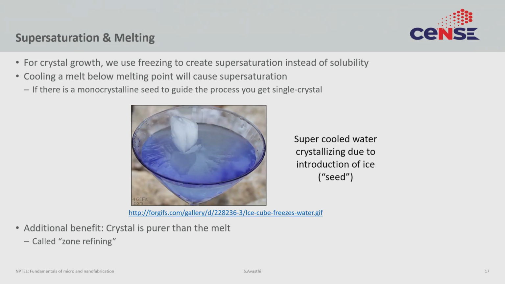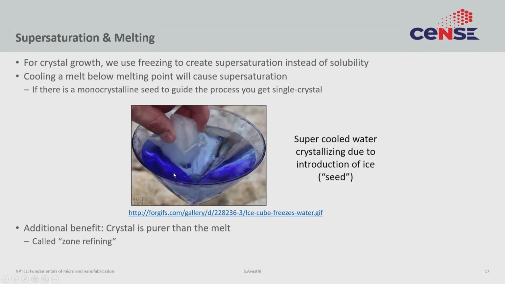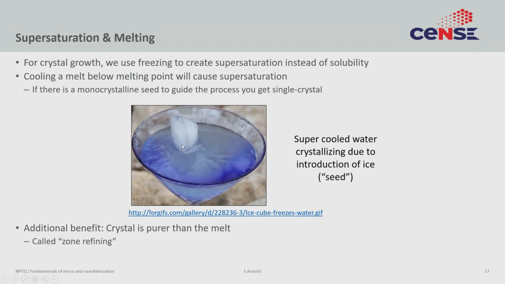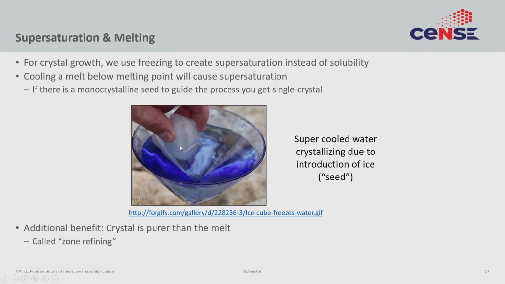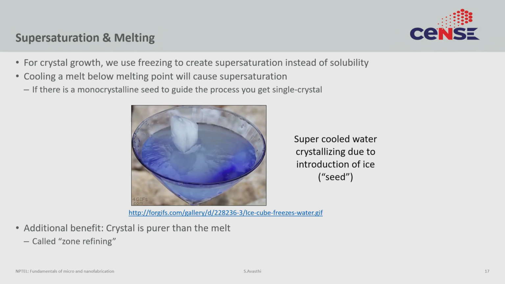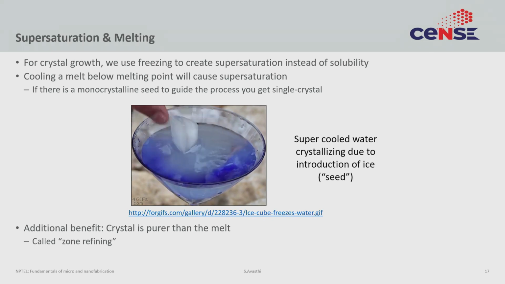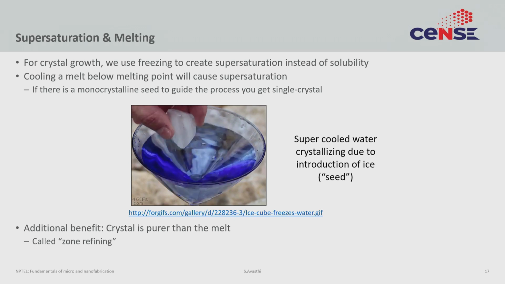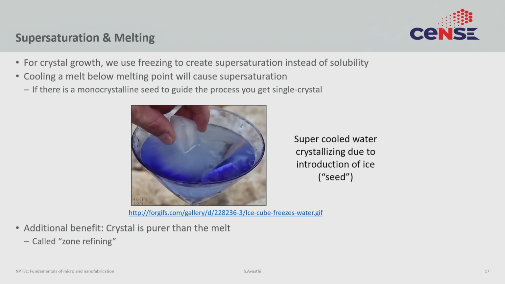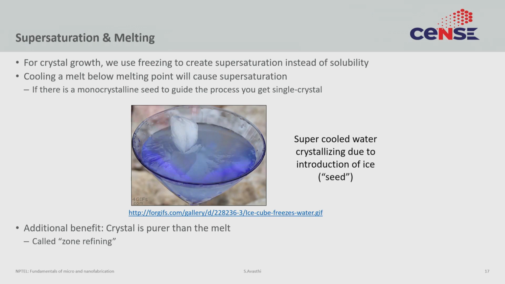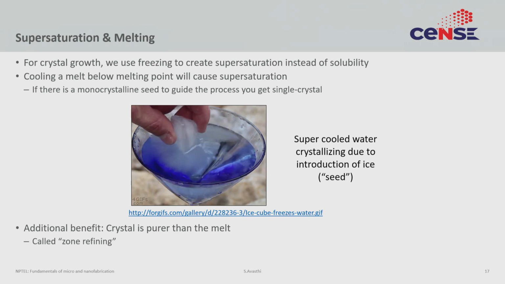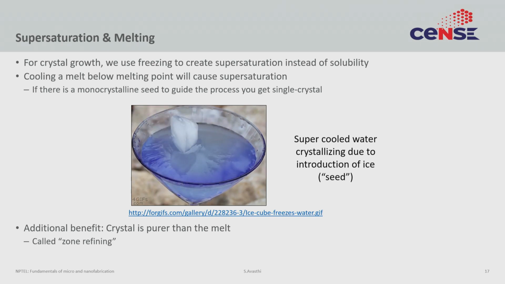So, here is an example, a GIF where water has been super cooled, and then you introduce a seed of ice, and that seed of ice suddenly creates a nucleation event which makes the whole of the water crystallize into a solid. This is what the Czochralski method is trying to do. The only difference is that in this case the seed is polycrystalline and it's uncontrolled.